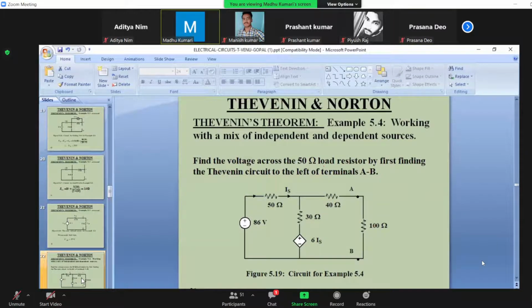Now, I have given one in the note, there is dependent and independent source.